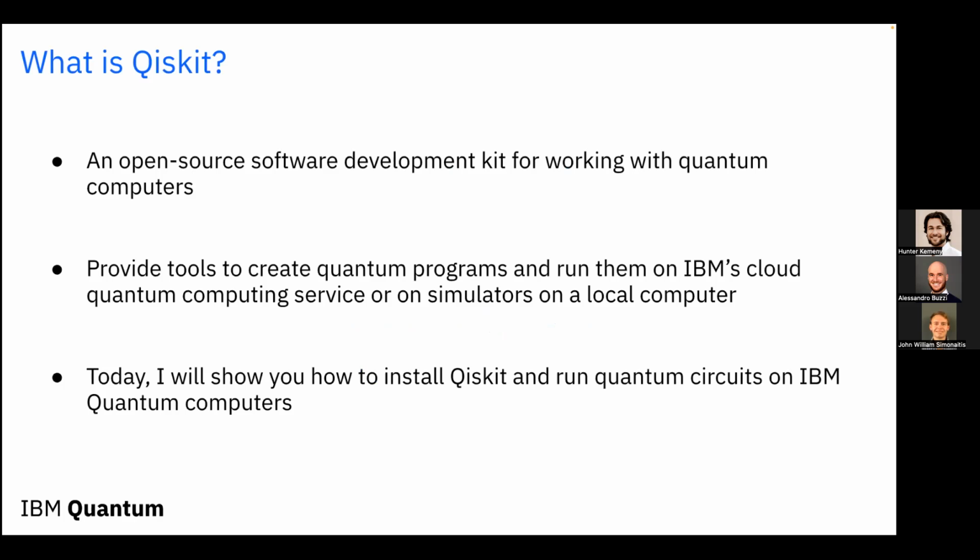So what Qiskit does is it allows you to write quantum circuits and build quantum programs or algorithms that you can then send off to be run on quantum hardware and return the results or read what the results of the computation on the quantum hardware are. So it's just like any other software development kit, except that now you're running on quantum hardware.